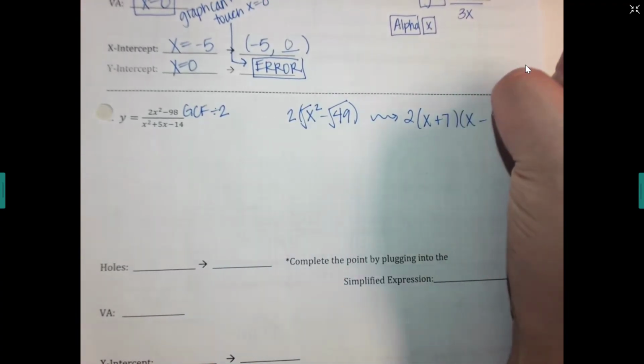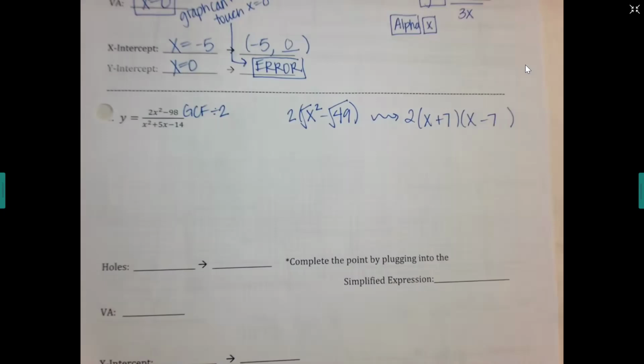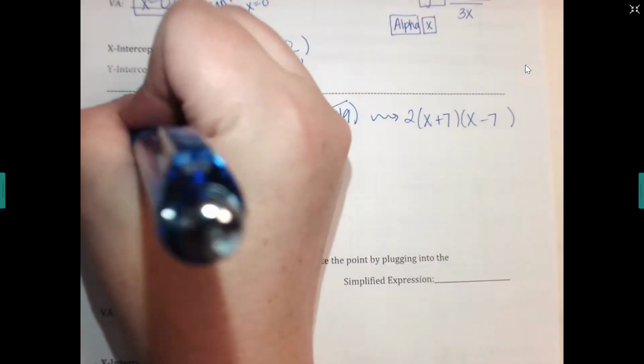Remember, one of them's a plus, the other one's a minus. So for the top, I had to do GCF at first, perfect squares second. Now let's do the bottom. What type of factoring will we do on the bottom? AC chart. Because it's got an A, a B, and a C, right? So put your A, B, C.